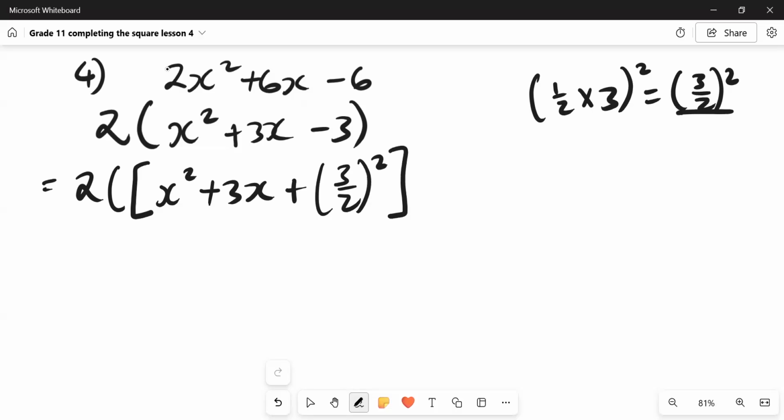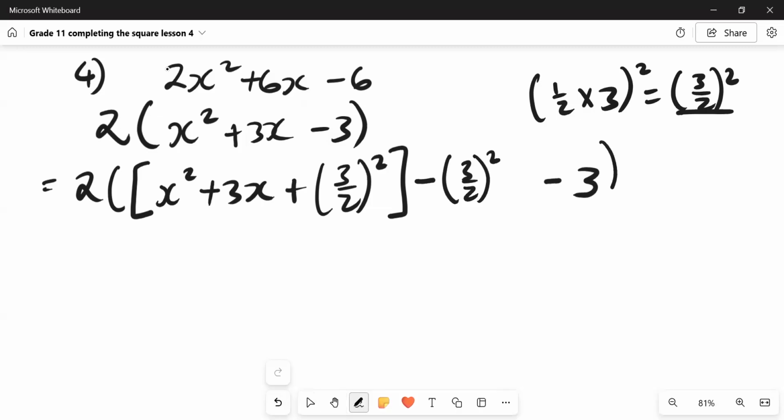This one should be taken out, minus 3, not minus 6, but minus 3. So we take out our minus 3, and then this one should come here. Now we are subtracting. We are no longer adding. We are subtracting. So you'll have your minus 3 over 2 all squared, right?